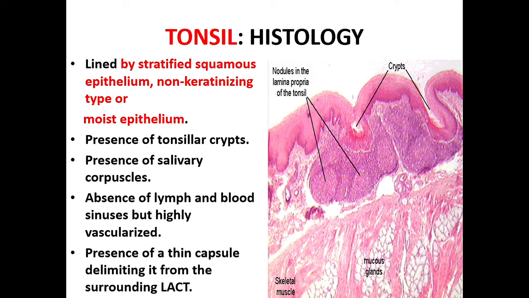Although there are no lymph and blood sinuses, the tonsils are highly vascularized. There is a partial capsule present. This is a thin capsule delimiting the tonsil from the surrounding loose areolar connective tissue.